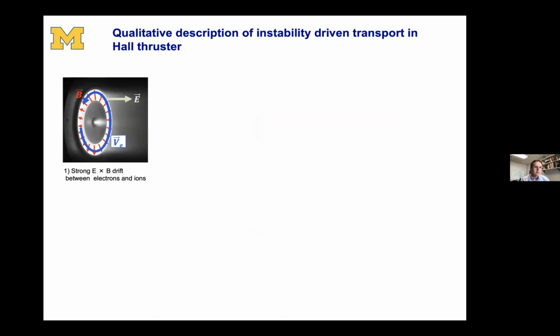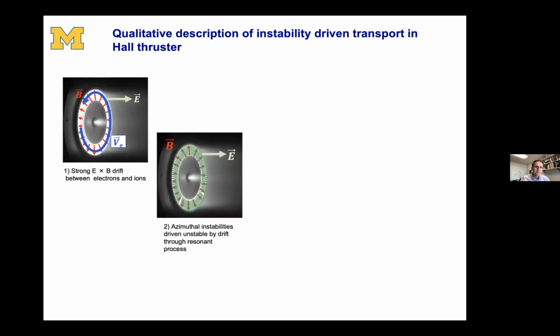First, as I alluded to earlier in the principle of operation for the Hall effect thruster, the E cross B drift serves as a very strong source of energy for the onset of instabilities, a free source of energy. That's exhibited here by this blue curve, the induced motion of the electrons.